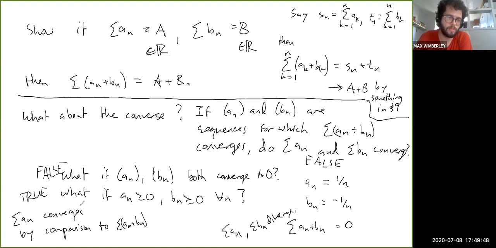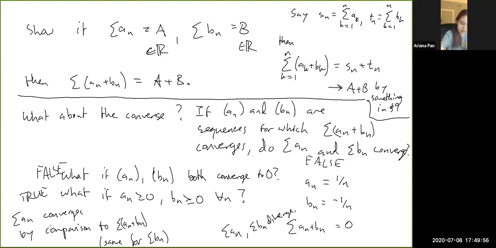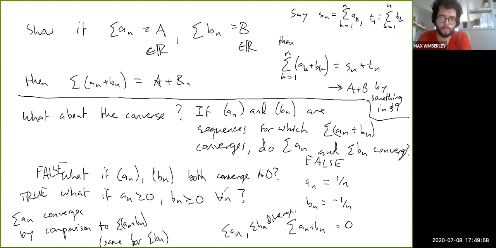And the same thing is true for b_n. So in this case, the conditions are definitely strong enough to enforce that if the sum converges, then both of the two original series have to converge.